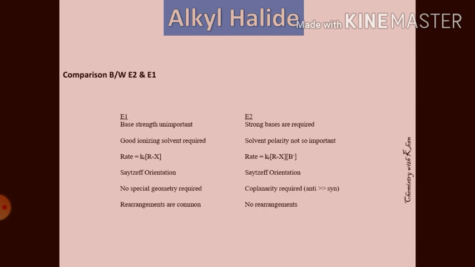E1 will follow Zaitsev orientation, while E2 may follow Zaitsev orientation. For E1 no special geometry is required, and for E2 coplanarity is required. It may be anti, it may be syn. Syn for the same side, anti for the opposite side. In E1 rearrangements are common, while in E2 there is no rearrangement.